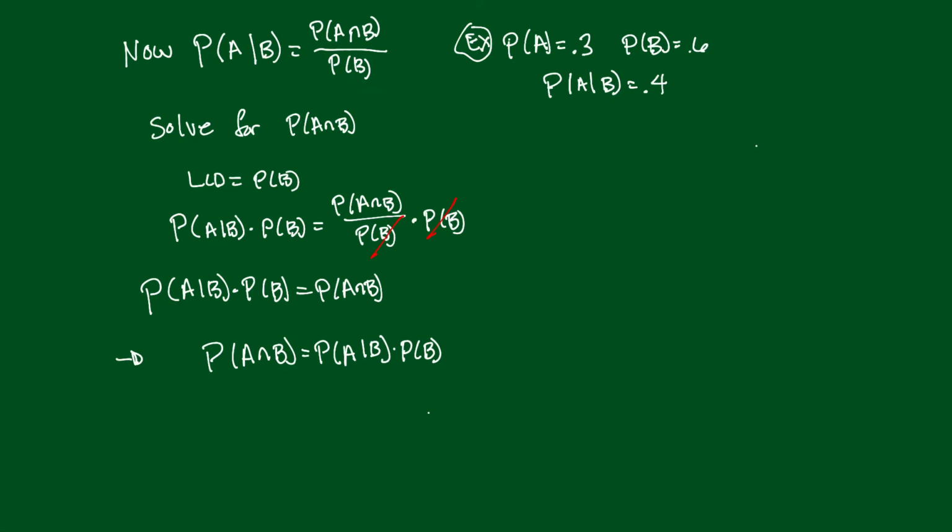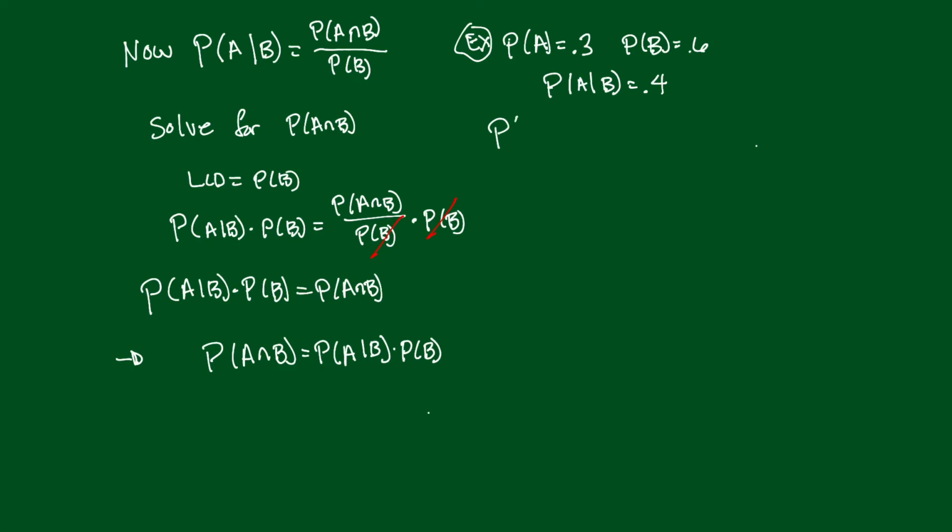Right, so there's a 30% chance that A will occur in some experiment. There's a 60% chance that B will occur. But there's a 40% chance that A will occur given that B has already occurred. So if B already happens, then there's now a 40% chance that A will happen.